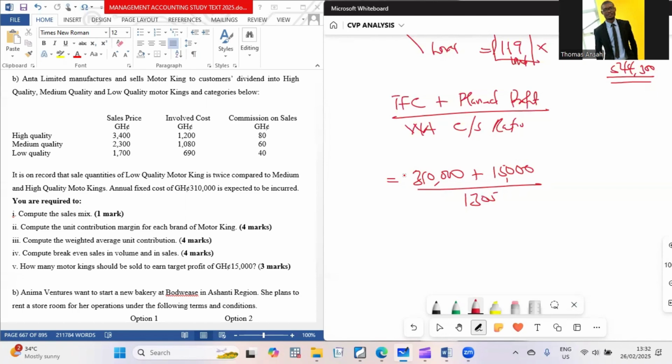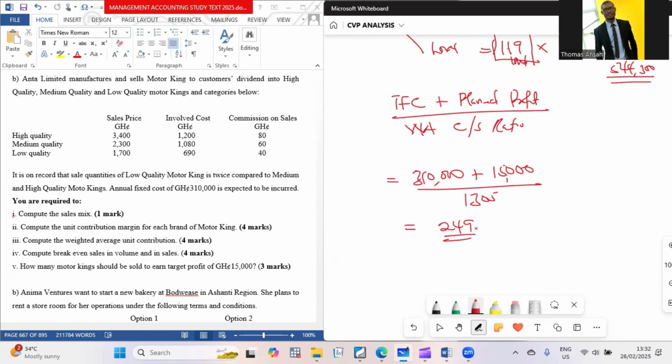So what do I have? 310 plus 15, divided by, so is what? 310,000 plus 15,000, all divided by 1305. So I have 249.0, but I will limit it here. All right. So that is that.